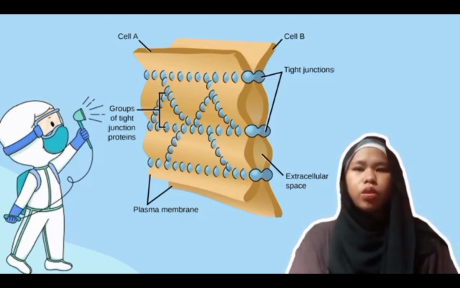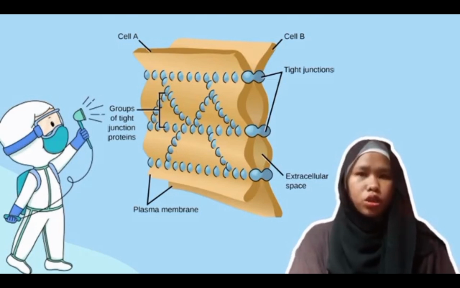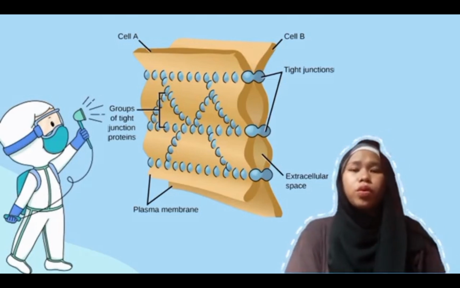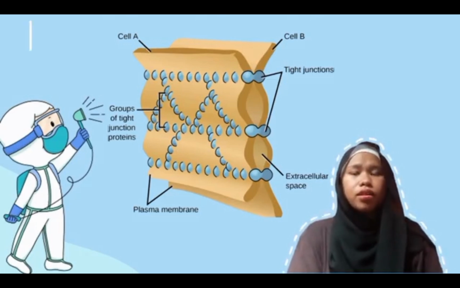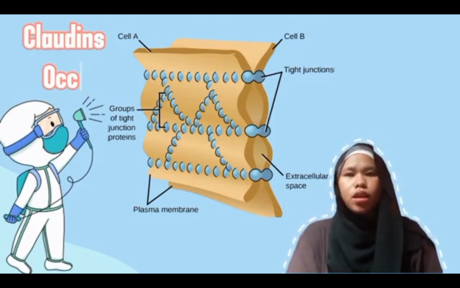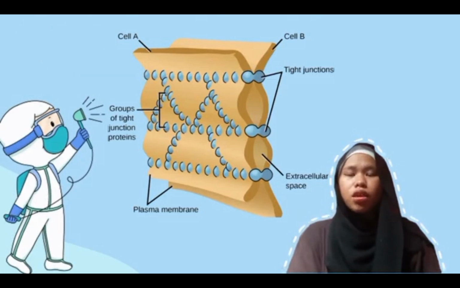These are the clusters of transmembrane proteins, shown as the light blue ovals. They are the main components of the tight junction. These proteins are primarily claudins and occludins, which interact with each other across the extracellular space to form a tight seal.